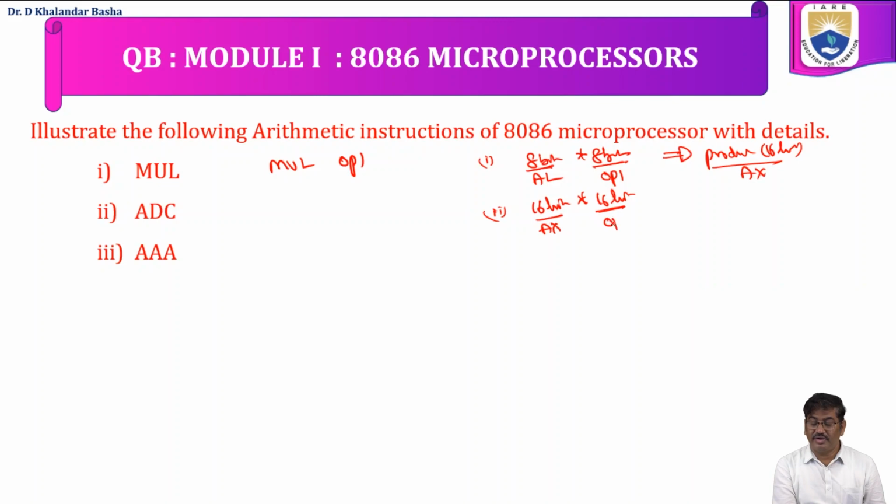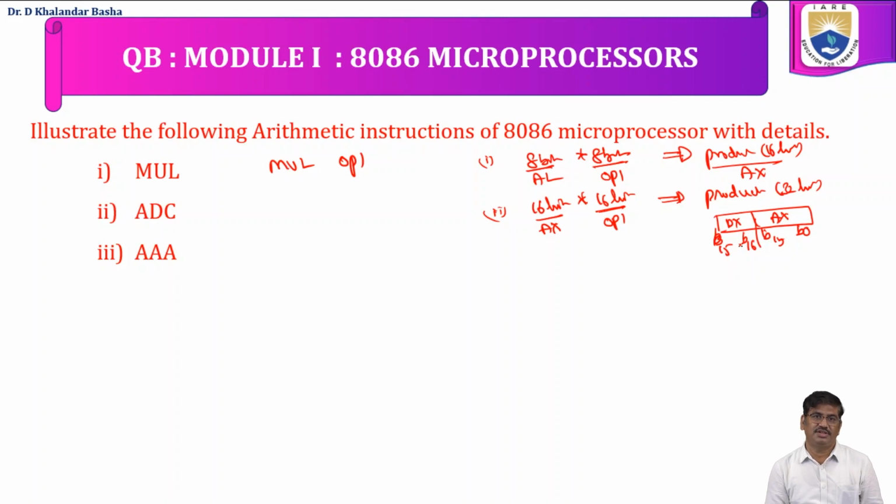The multiplier we can have in the operand 1 position of the instruction. After multiplication, the product, which is of 32-bit size, we will get in the DX AX register. The AX register will contain the lower 16 bits, that is B0 to B15, whereas the upper 16 bits of the 32-bit result, that is B16 to B31, we can have in the DX register.